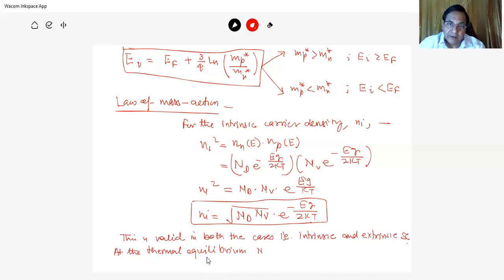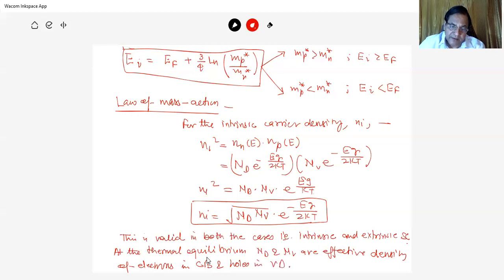The Nc and Nv are effective density of electrons in conduction band and holes in valence band, respectively.